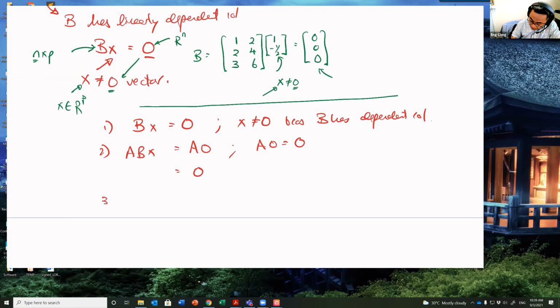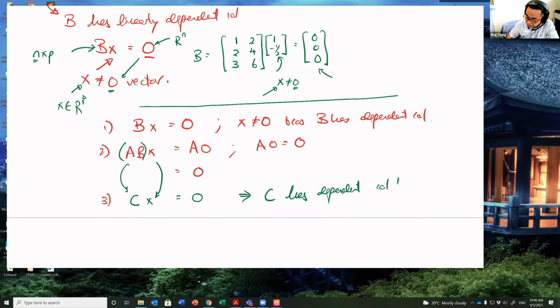The third step, by the associative rule, I can put a bracket on AB and call it C. So this x and this x are the same, not equal to 0. Something multiplied by a non-zero vector gives you a zero vector, implying C has dependent columns. Finished. Okay, that's it. So I pause now.